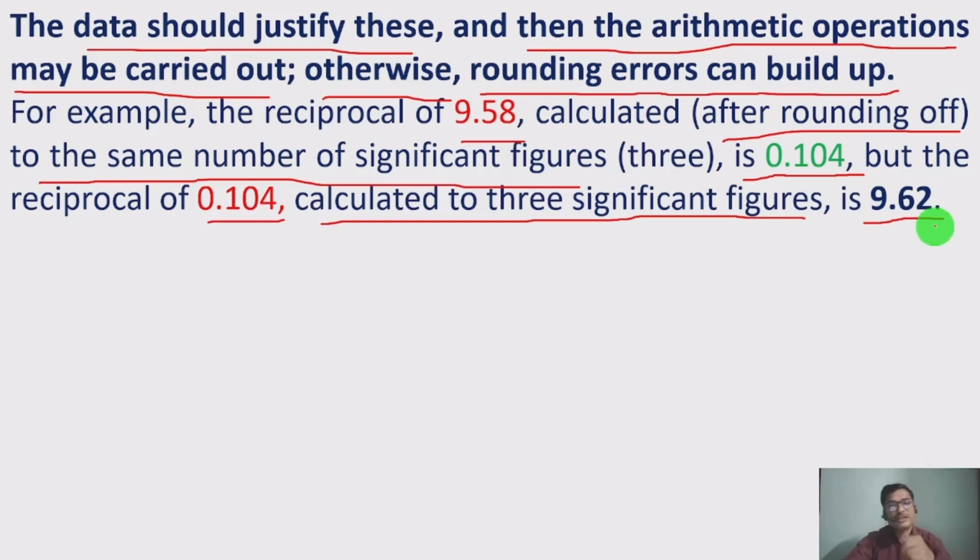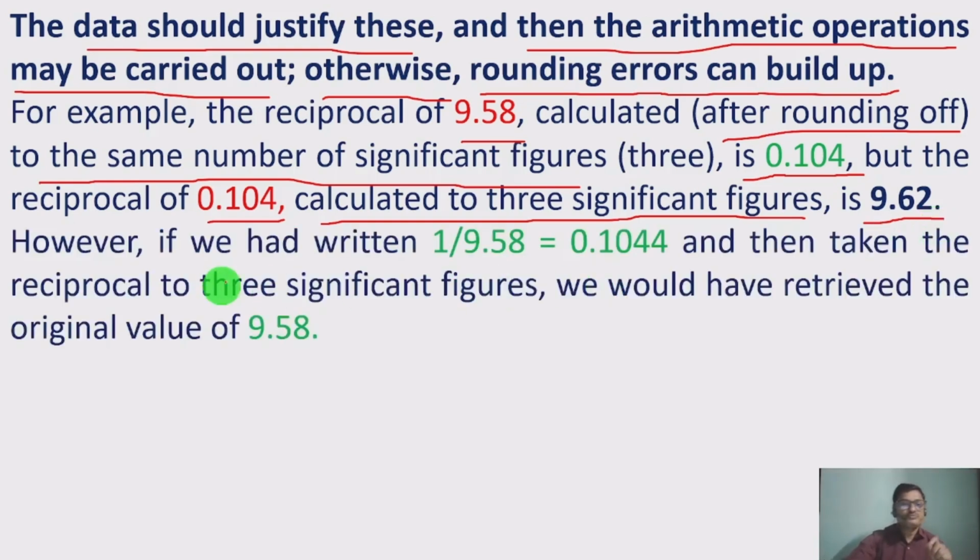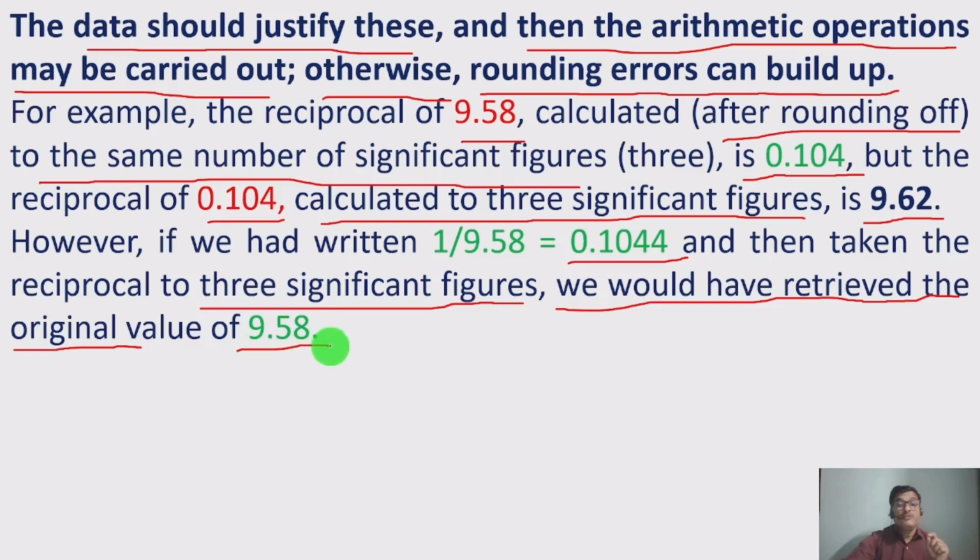How can that be overcome? However, if we had written 1 by 9.58 equal to 0.1044, then the reciprocal of this, rounded to three significant figures, whatever value we get, will give us back the original value 9.58.